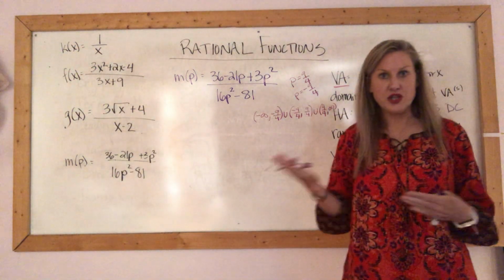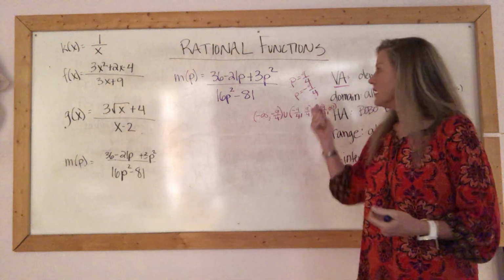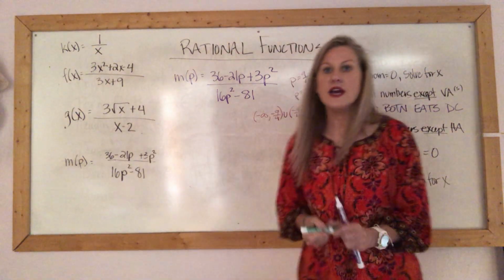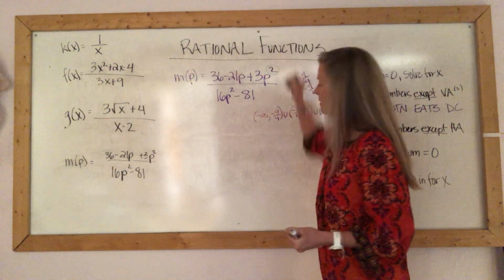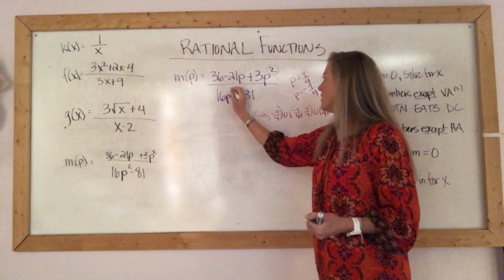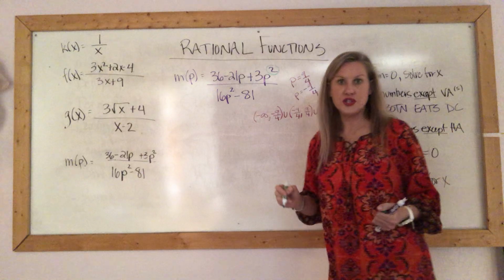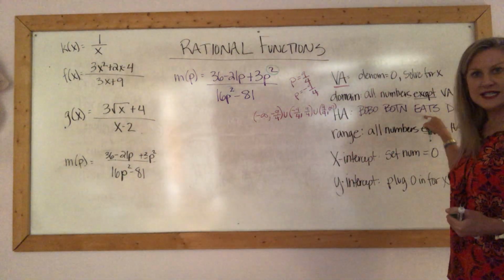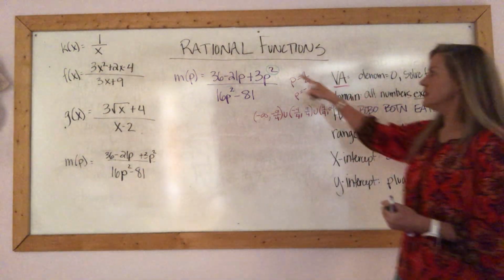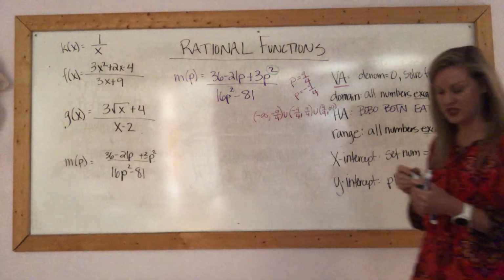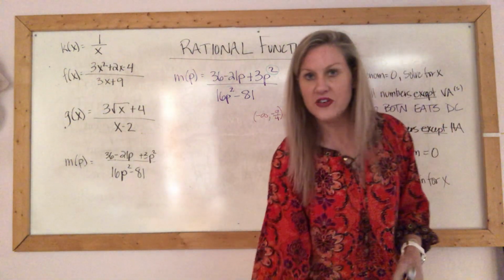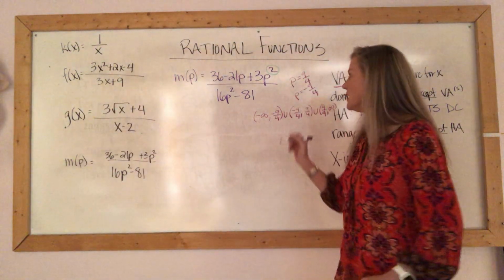So I have to compare the degree of the top to the degree of the bottom. In this example, the degree of the top, the biggest exponent, is 2. Degree of the bottom is 2. So we have eats DC. Exponents are the same, 2 is 2. Divide coefficients. If you don't know what a coefficient is, go back and watch the polynomial video.